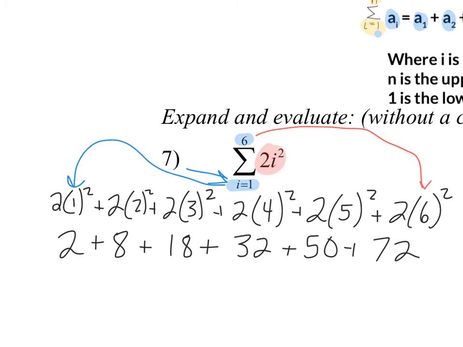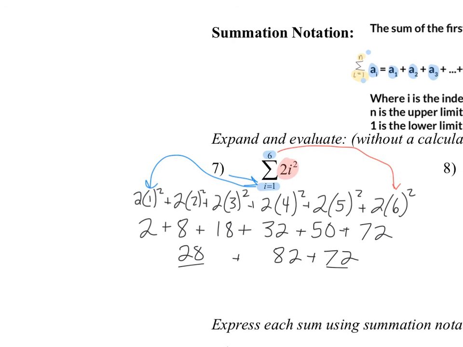I'm going to add all these together using some grouping. 10 and 18 is going to be 28. Here I end up with 82 plus 72. And I can see that 28 and 72 is 100. So fully evaluated, this summation will be 182.